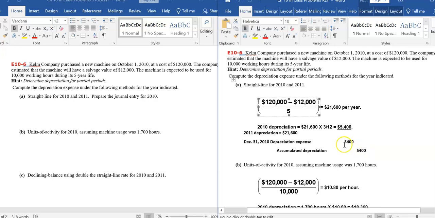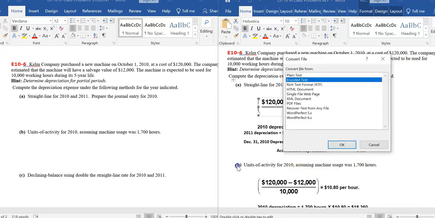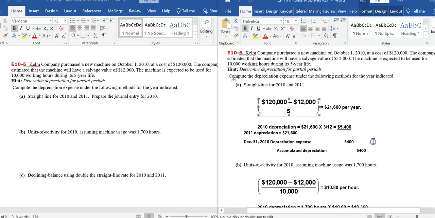So at the end of year 1, we have depreciated $5,400, and we have accumulated depreciation of $5,400 on the equipment, meaning $5,400 of the original cost of $120,000 has now been used up to help earn revenues. Now, this problem isn't having us do it, but let's figure out what the journal entry would be for the second year, for 2011.